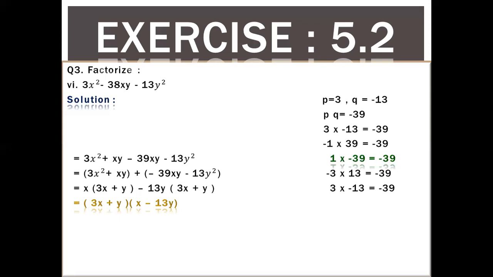From the first bracket, x is common, and from the second bracket, minus 13y is common. Combining the terms, 3x plus y and x minus 13y. This is the complete factorization of 3x square minus 38xy minus 13y square.